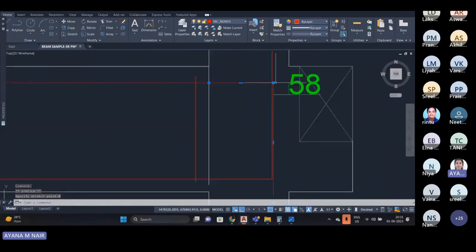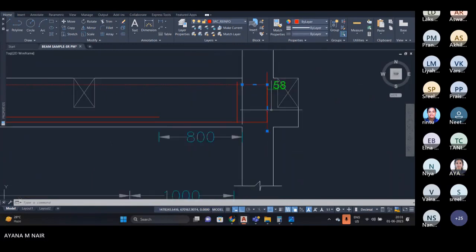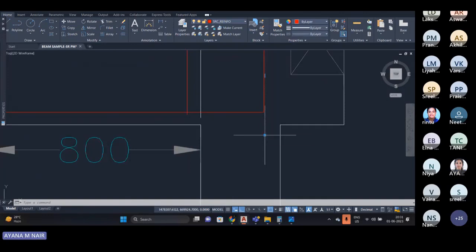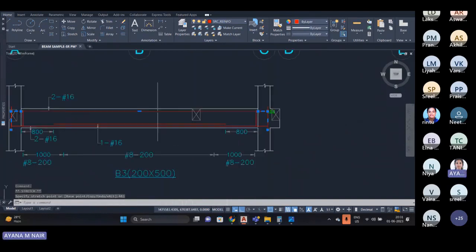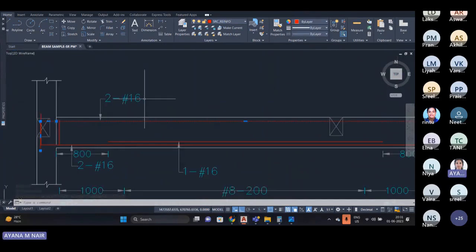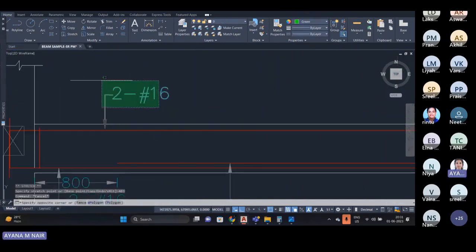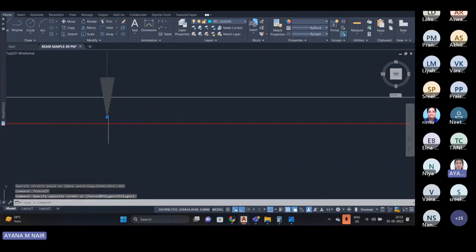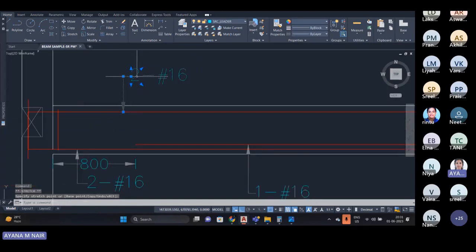Now check this. This is also 242 and the rest is 483. Okay. So this whole bar is corrected properly. Now this leader should point at this bar to indicate that there are two numbers of 16 mm bars.